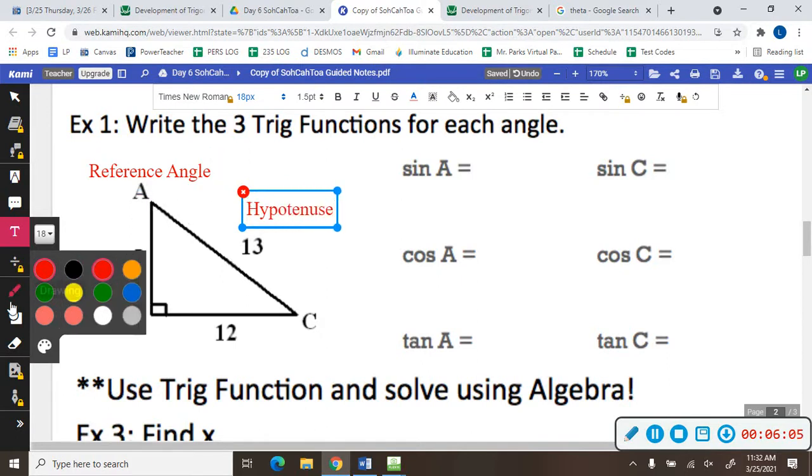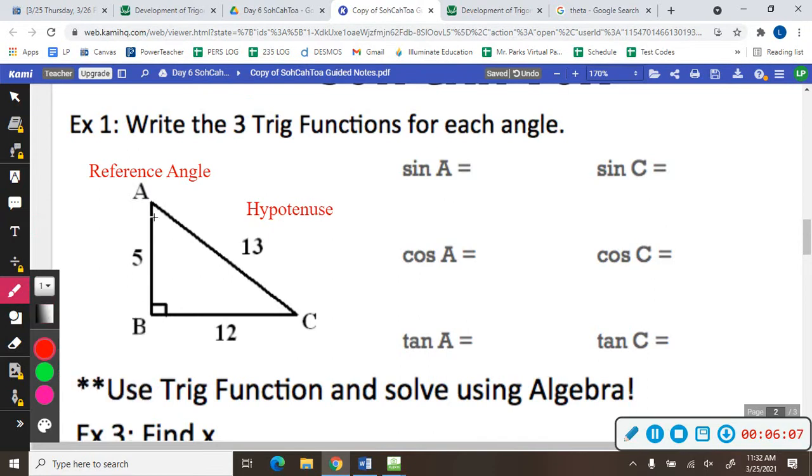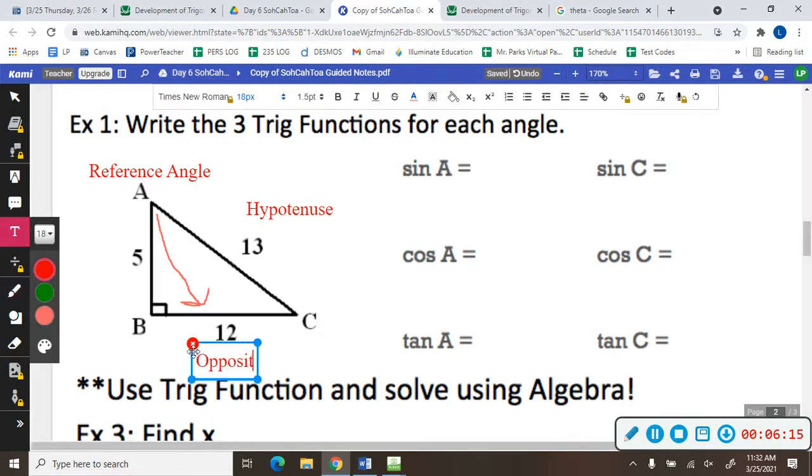And then the side opposite it will be opposite. And then the one next to your reference angle is adjacent. So we have 5, 12, 13. They want to know what is the sine of A. Here's A. The sine of A, sine is opposite divided by hypotenuse.